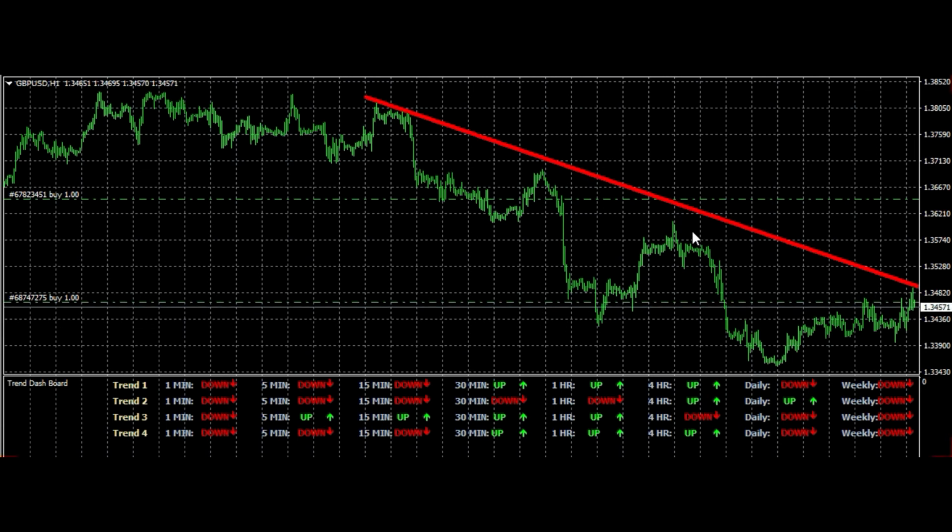And usually traders like to do this. They wait and watch the market, in this example a bearish trend, and at one moment they wait for a pullback.